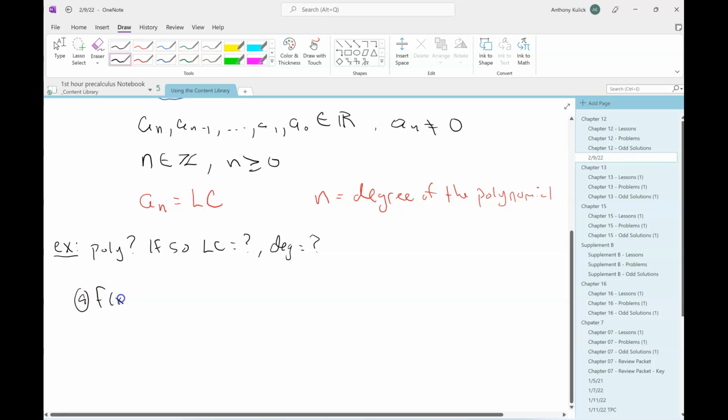I'm going to write down a couple of examples here, and then we'll take a minute and think about each one and make a decision as to if they're polynomials or not.